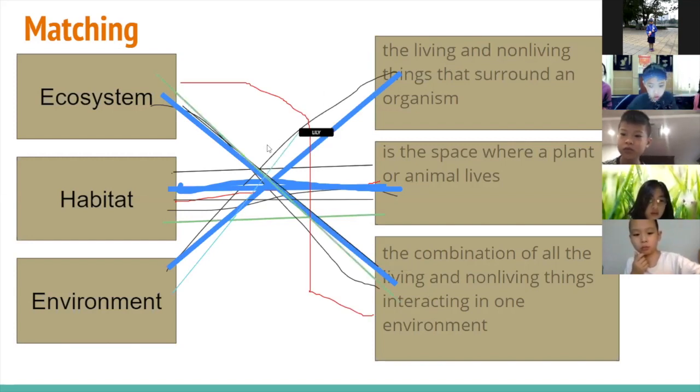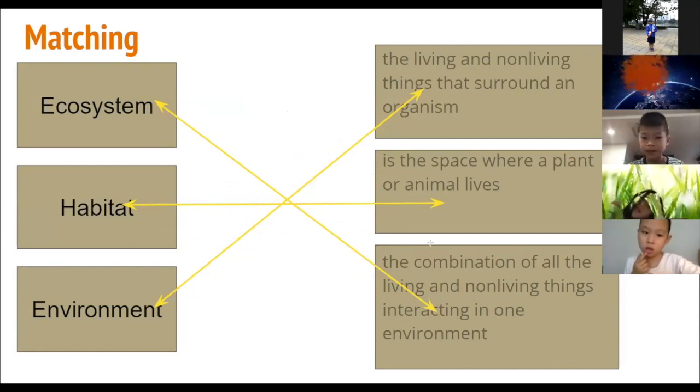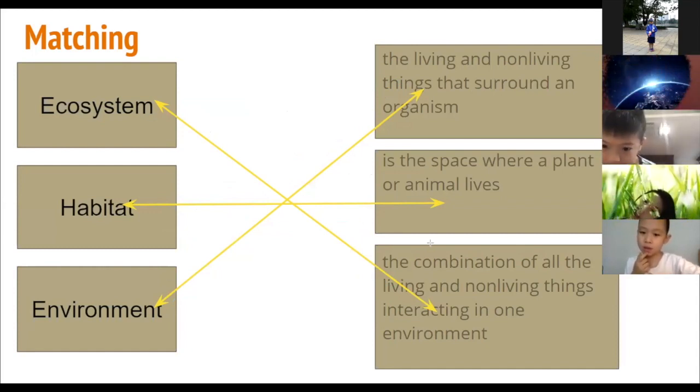Okay. Let's see if you guys are right. So I am going to draw lines connecting what you guys said. So you have an ecosystem. Yeah, it's the combination of all the living things, non-living, and it's interacting. That's correct. Good job, guys.